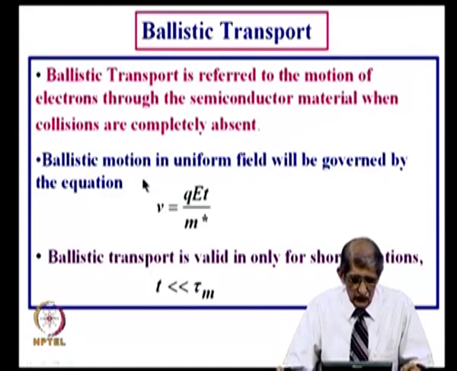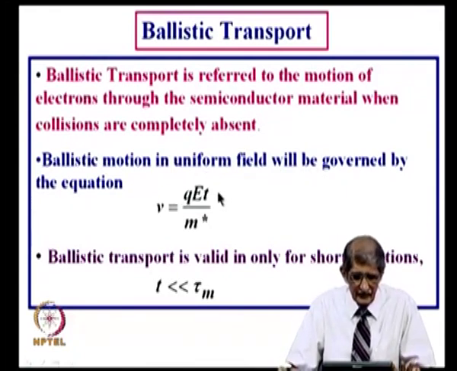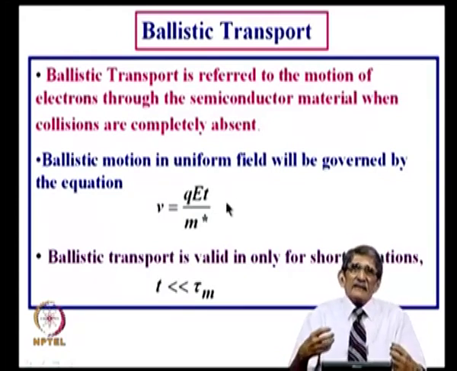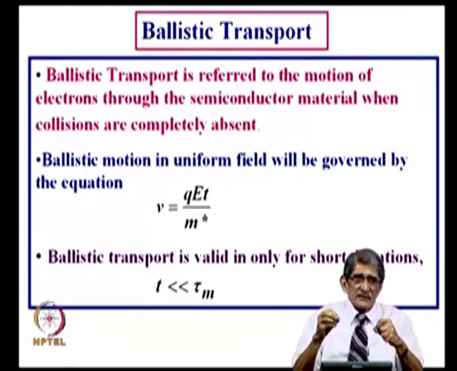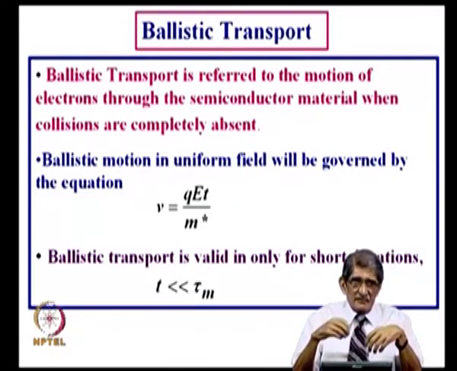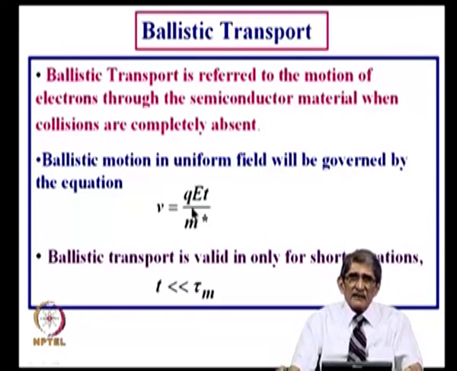Okay. So, ballistic motion in the uniform electric field will be governed by the equation. The velocity there is acceleration into time. So, what we are implying is, if the electron moves without collision, okay, the acceleration will be force by the mass, the Q into electric field divided by mass. So, for example, if the electron is moving in vacuum, there is no collision, that is ballistic transport.